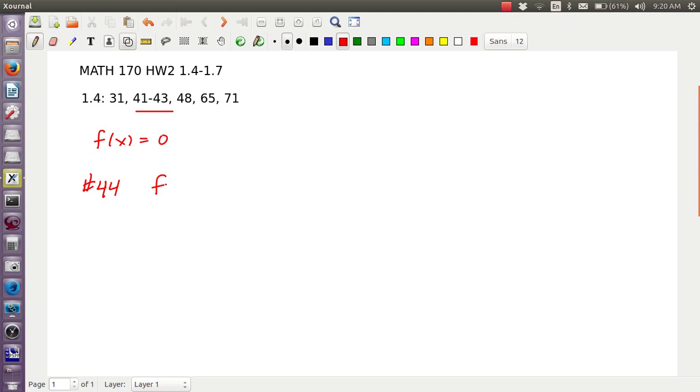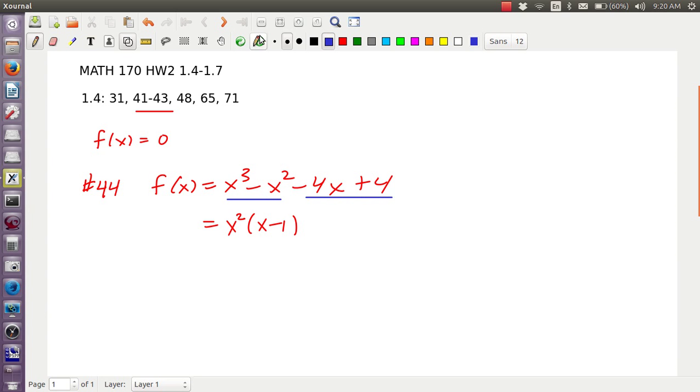So if I have f of x equals x cubed minus x squared minus 4x plus 4, I actually have a more advanced technique that I wanted to show you, which is you have to sometimes see that there's a symmetry between these two pieces, and you have to factor out the best you can.